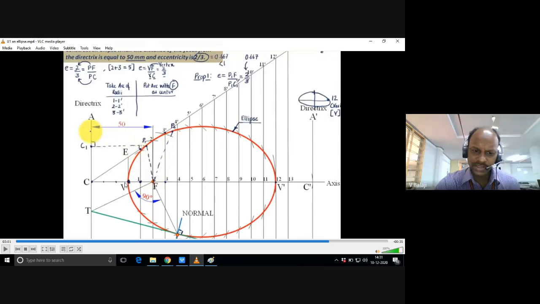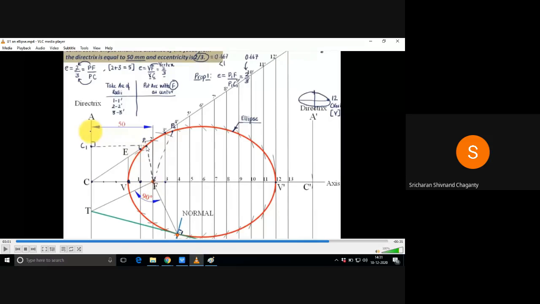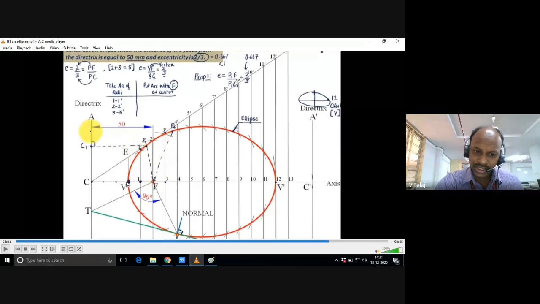Yeah, this vertex point is initially here on the axis, right? For example, it is moving along the path of the ellipse to P1. It can be any point and any length, P1F. That's what I'm saying. Initially, when the vertex is on the axis, only VF is the distance, right?